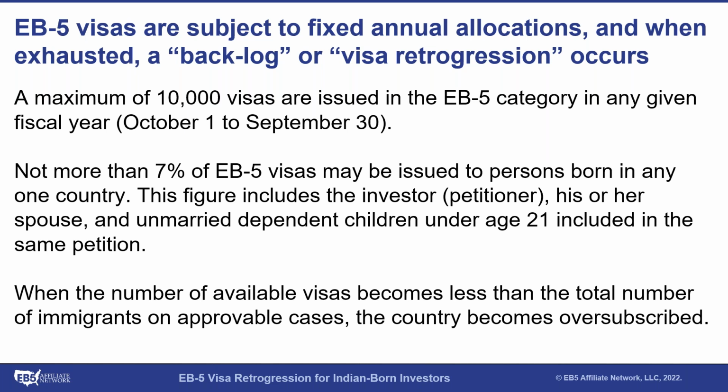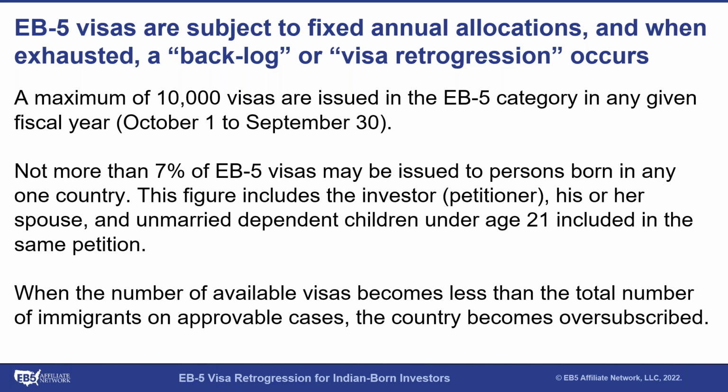So if we take the percentage and indicate, well, the average Indian EB-5 applicant is going to account for 1.5 visas or two visas on the basis of petitioner and spouse. If there's a child involved, then it's petitioner, spouse, and kids. So that's 3 visas. You then have to apply the math. So as you start to look at that, it's not a lot of visas that are going to be available.